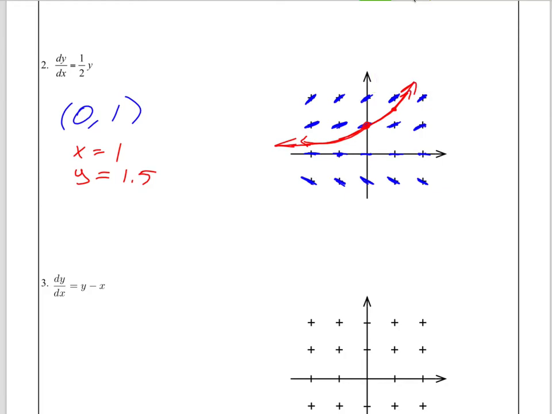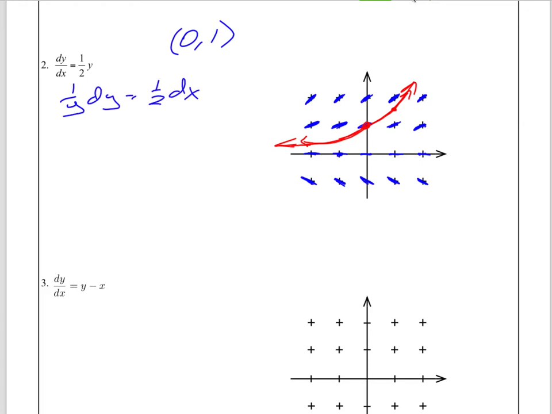Anybody want to find out how close we were? Okay. So we're using the point 0, 1, and let's solve this differential equation. What do I have to do to solve this differential equation? Divide by y, so 1 over y dy equals 1/2 dx.